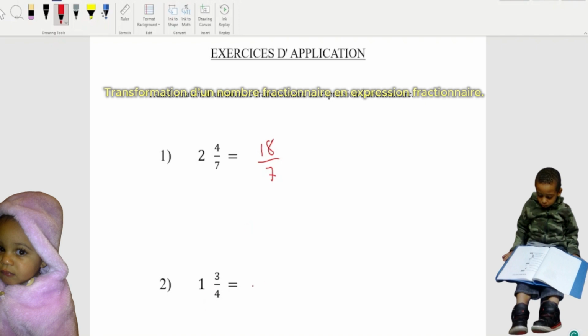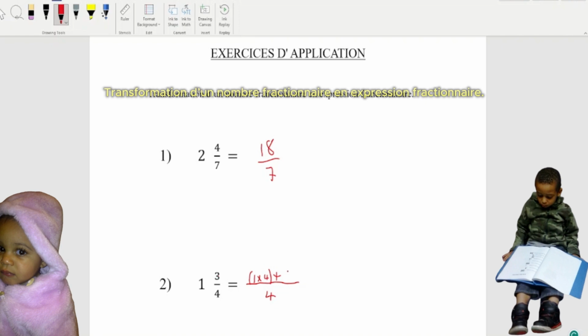Okay? So the same thing we did. Okay, we get this 4, we're gonna put right here. Okay? Now this one, we're gonna put 1 right here times, okay, 1 times 4, okay, and plus is 3. This one, okay?